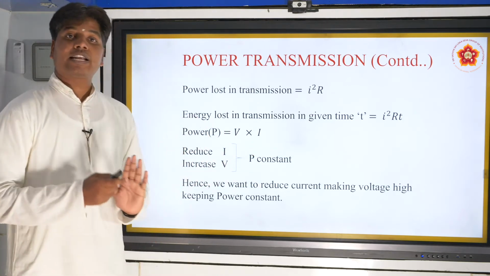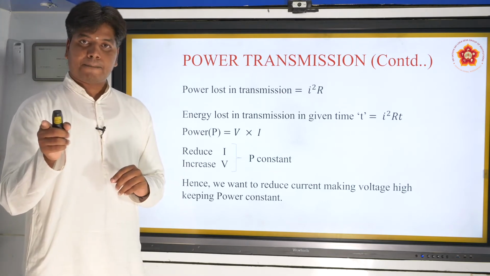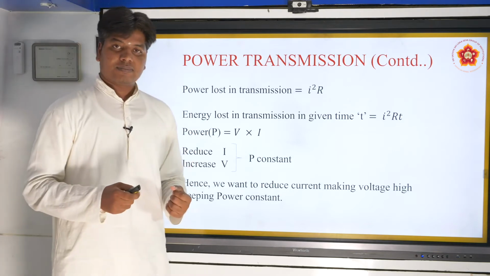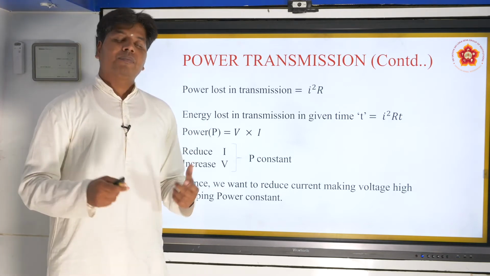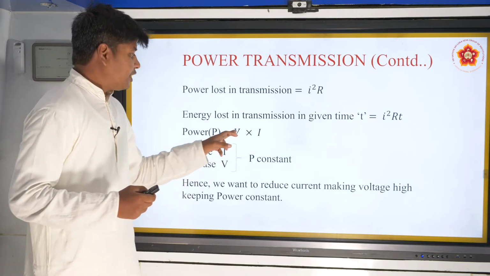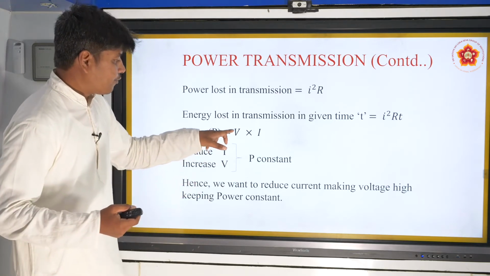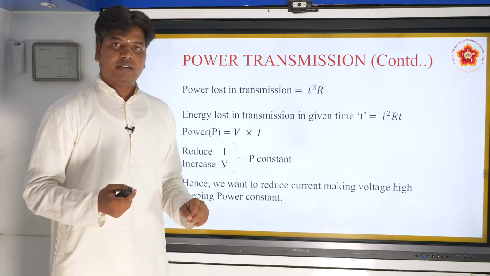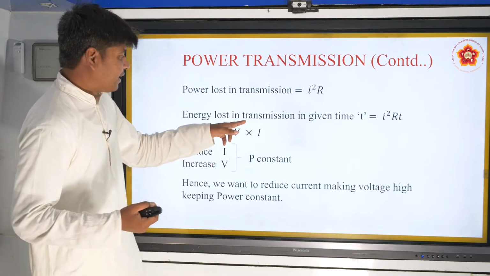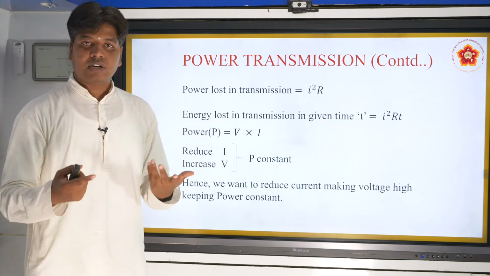In this way I can keep the power constant, and I can also transmit the power to large distances. For example, power is 12. V into I: take 4 volts and 3 amps, so 4 threes are 12. Now I decrease the 3 amps to 1 and increase the 4 volts to 12, so 12 ones are also 12.